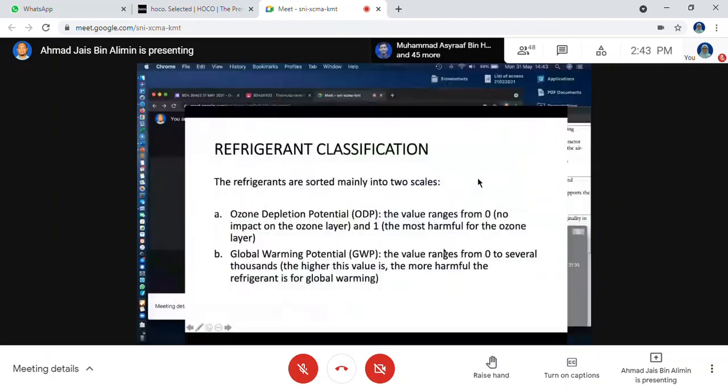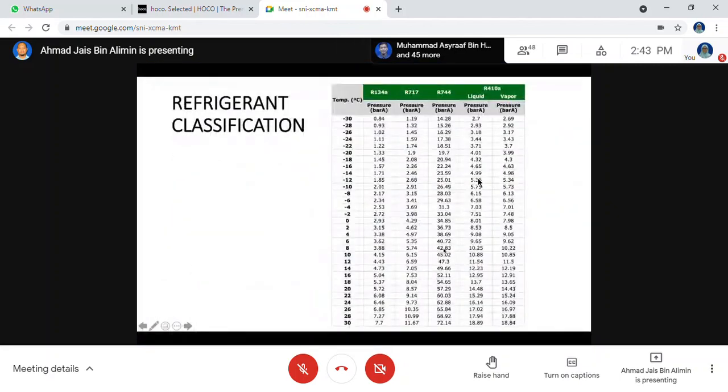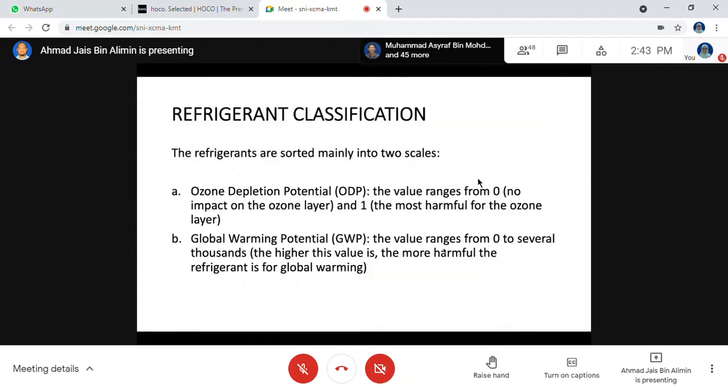So those are the two scales that the industries are using to characterize, categorize, and classify any new refrigerants in the market. What will be the ODP value, and what is also the GWP value.